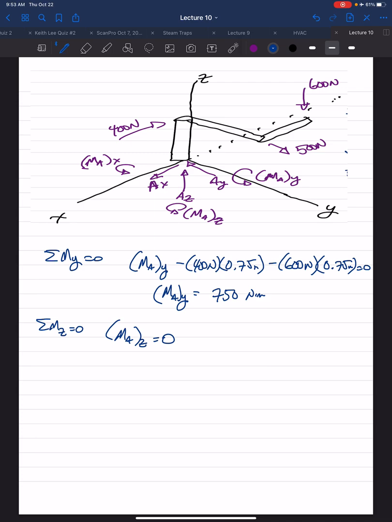Let's do another one in 3D. 4.31. Here we have a concrete slab.